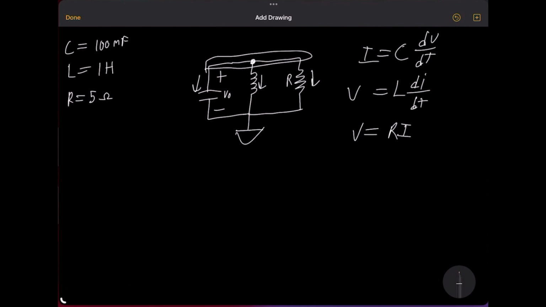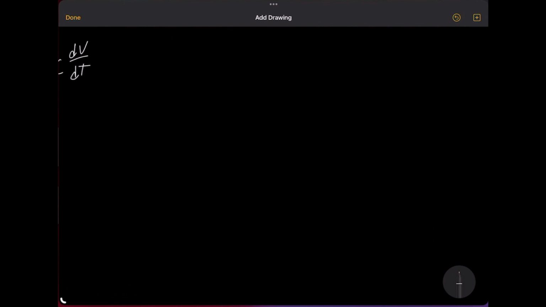The current for capacitor is equal to C dV/dt. Well, for an inductor, it's going to be a little different. To find I for an inductor, you may be like, well, that's the first derivative of I. Well, we're going to fix that. We're going to divide L over.